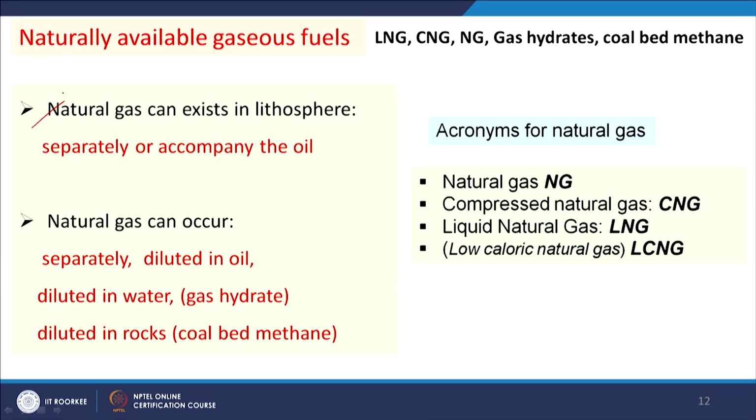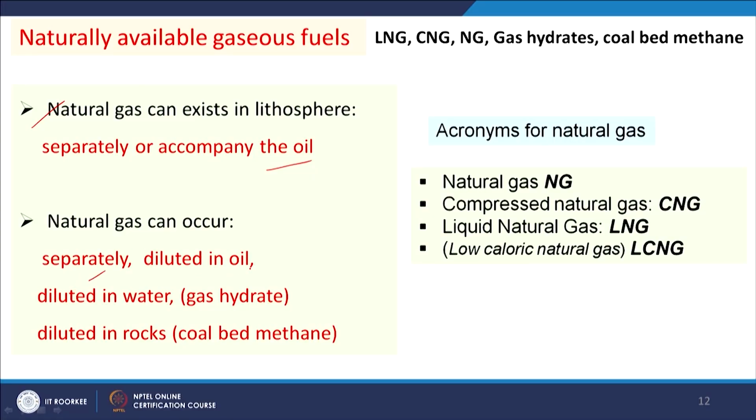And then we will see the naturally available gaseous fuels, which we have already discussed. We have natural gas, which can exist in the lithosphere separately or accompany the oil. It may be separately gas or may be along with the oil. This natural gas can occur separately, dissolved in oil, dissolved in water, that is gas hydrates, and dissolved in rocks, that is coal bed methane.